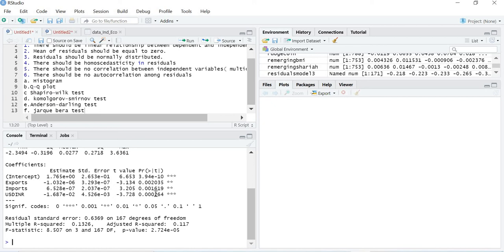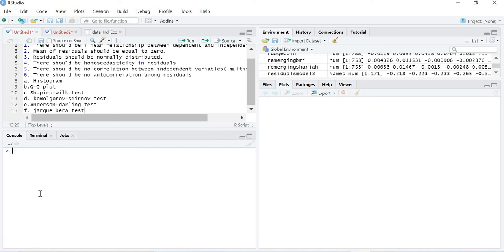But if the residuals are not normally distributed, though the output is showing that these 3 variables are significantly impacting my dependent variable, that is inflation rate, in actual they are not significantly impacting it. So let us check by the different methods that I have mentioned over here.